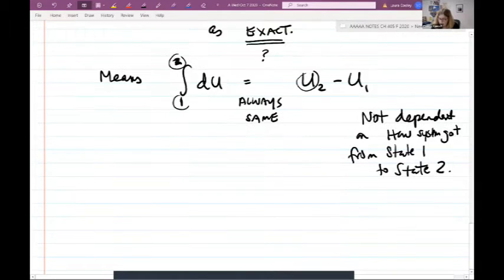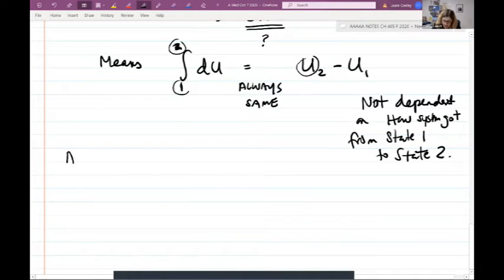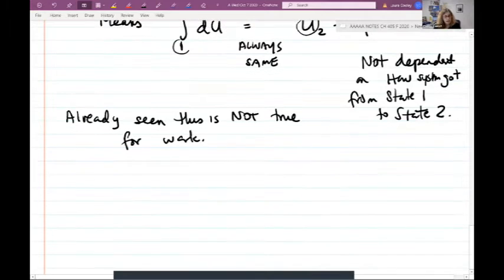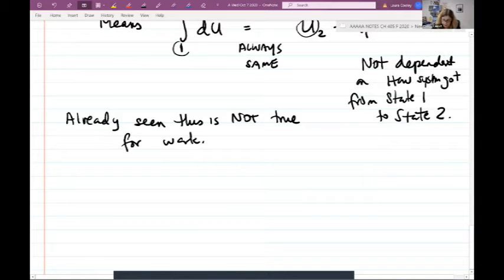Okay, so, you know, we have already seen that this is not true for work. Okay, when we did the isothermal expansion, and we did constant pressure versus reversible.